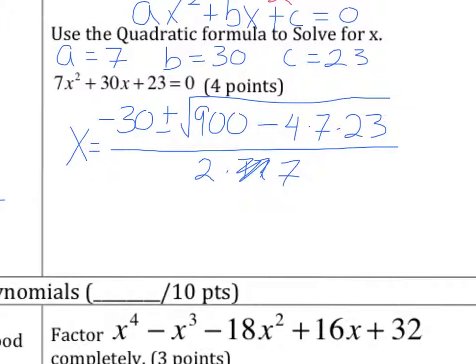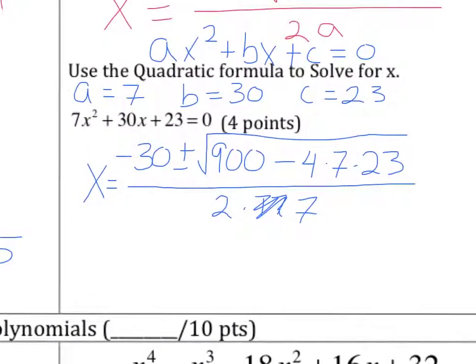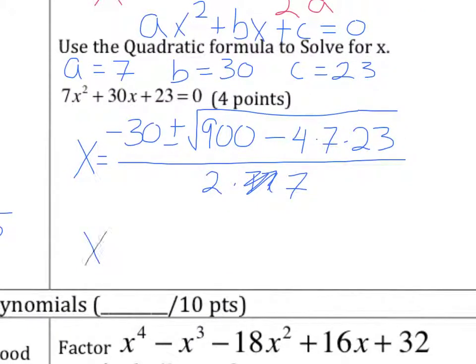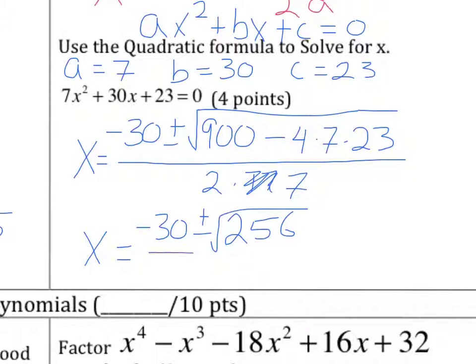Evaluating this, x equals negative 30 plus or minus the square root of 900 minus 4 times 7 times 23, which is 256, all over 14.